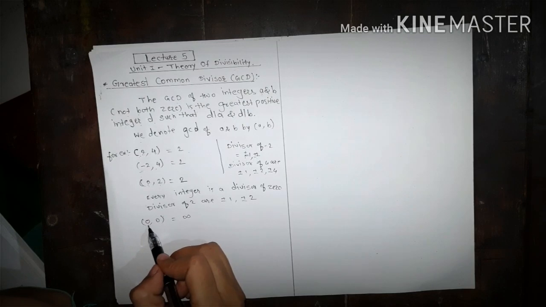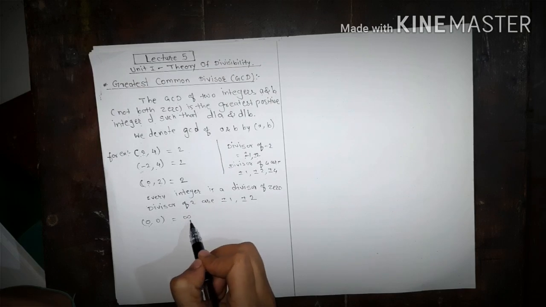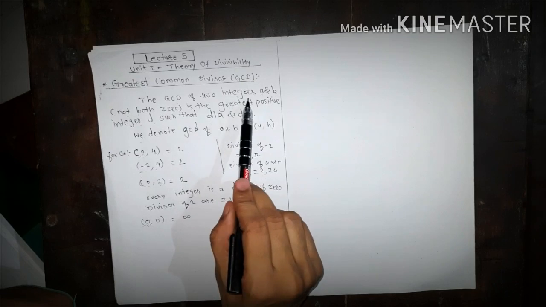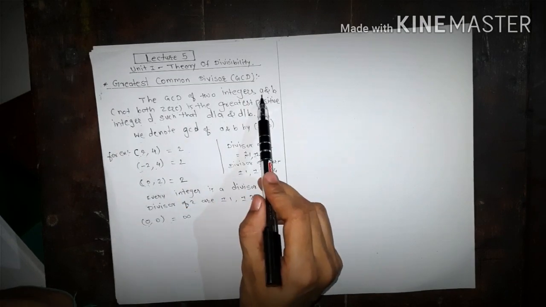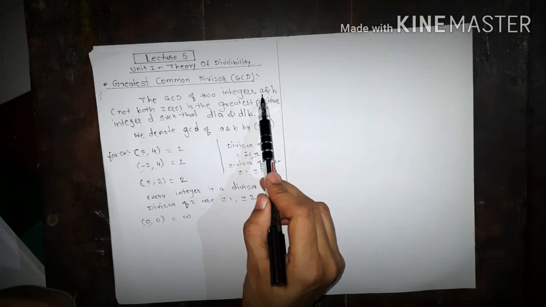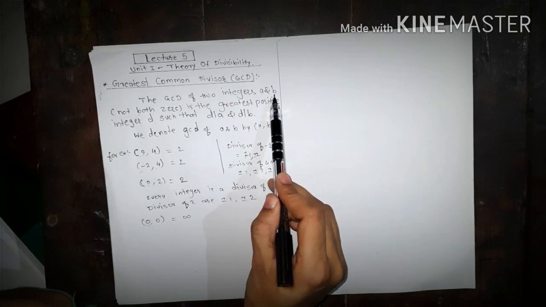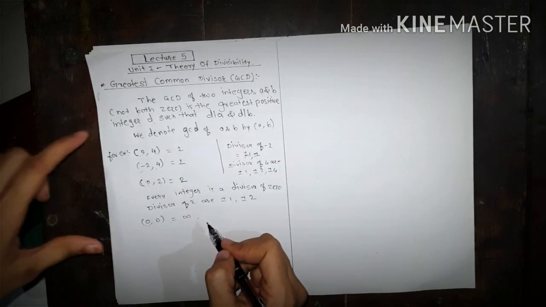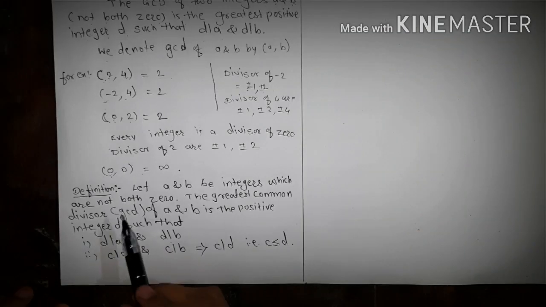So the GCD of 0, 0 is infinity, and hence we are not interested in this case. Therefore in the definition, at least one of the integers a and b is non-zero. This is the common definition that we learned in the previous classes. So let's see the definition.